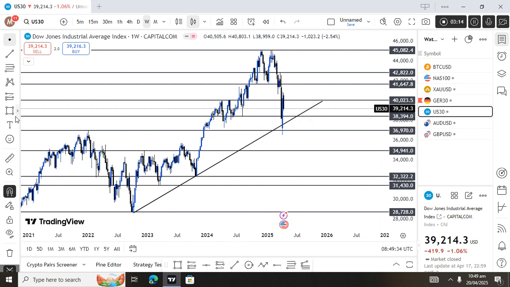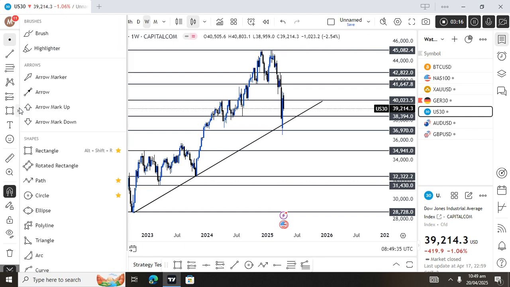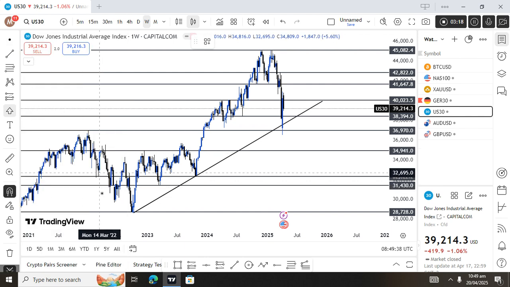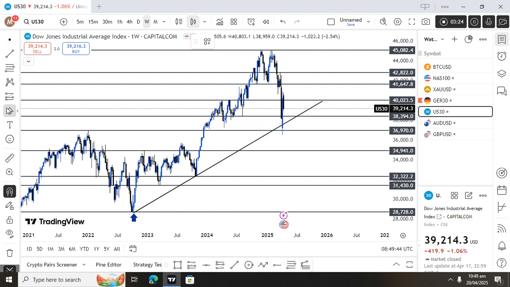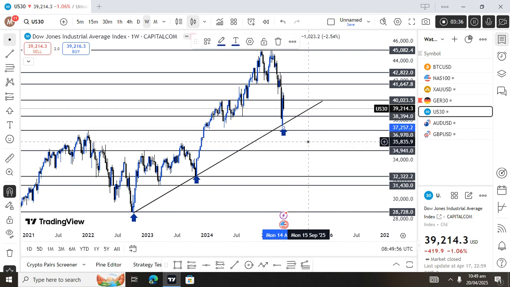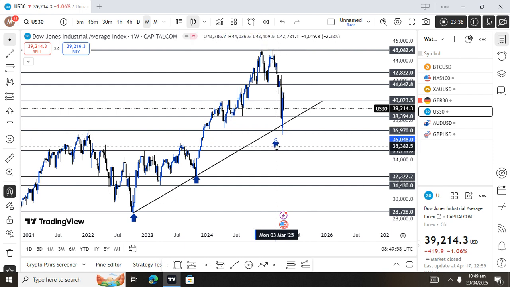Let me make an example here. We have this touch, which is our first touch where the impulse started, and we have this touch, which is my second touch, and this one I'll call the third touch because the market reversed when it came to this area. So I would say it respected this trend line.